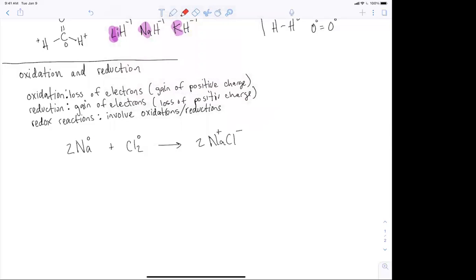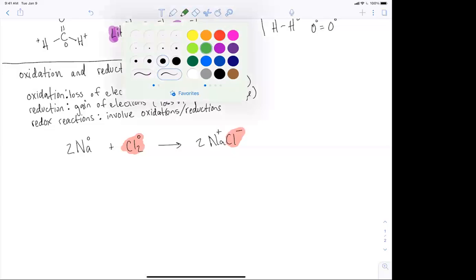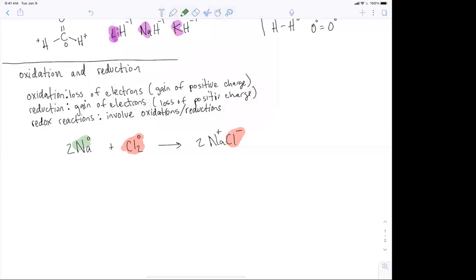So the chlorine went from having a 0 charge to a -1 charge. And the sodium went from having a 0 charge to a +1 charge.